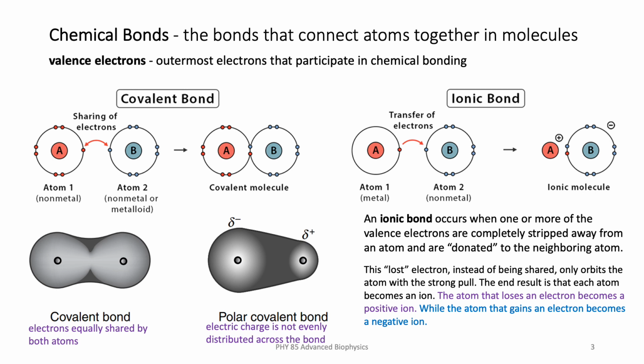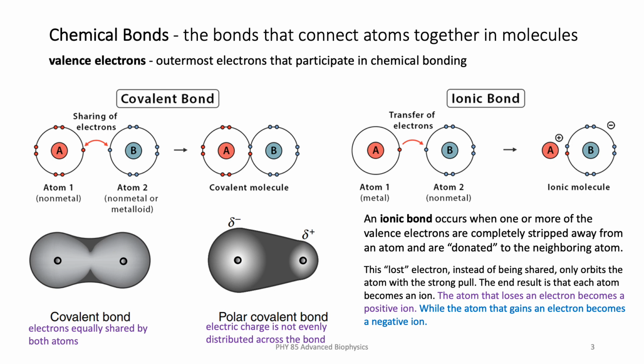Sometimes the electrons in a covalent bond may not be equally shared by both atoms. One of the atoms may have a stronger pull on the electrons than the other. This can be because one atom has a more positively charged nucleus or because its nucleus is more exposed to or closer to the shared electrons.